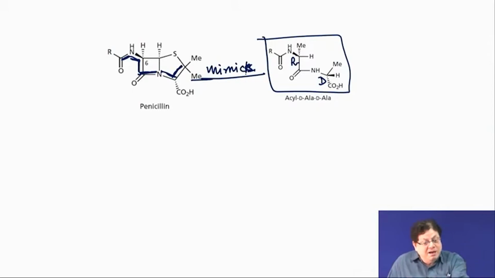It is only D-alanine, it is not L. If bacteria had used L, penicillin would have been ineffective. The stereochemistry as well as this stereochemistry is also matching. Only thing, penicillin has some extra, this part. So, it is even better, it is a conformationally constrained system which resembles D-alanine.